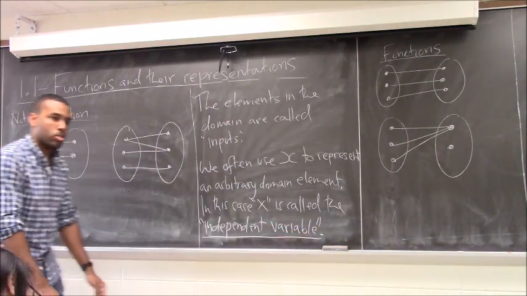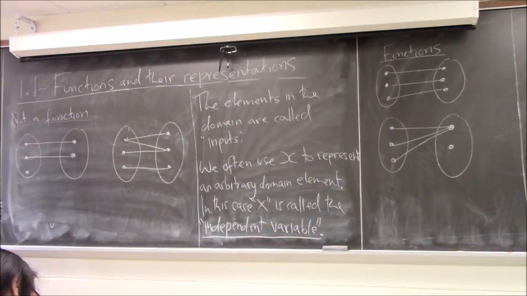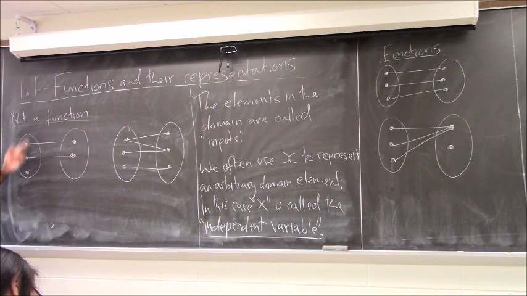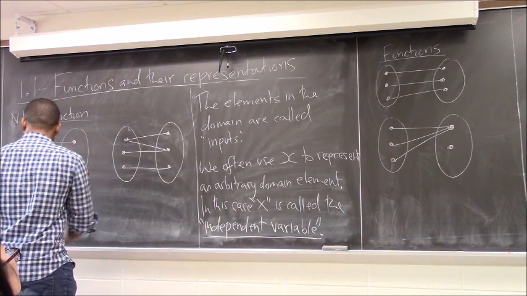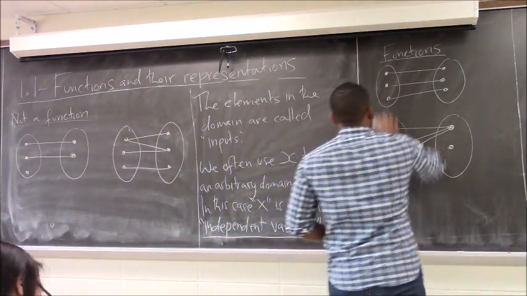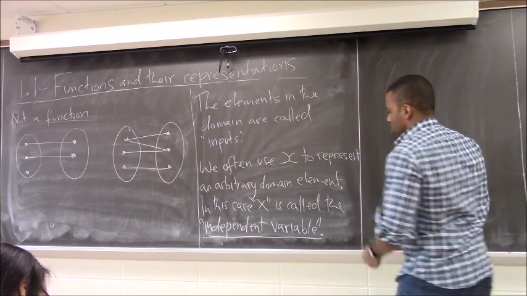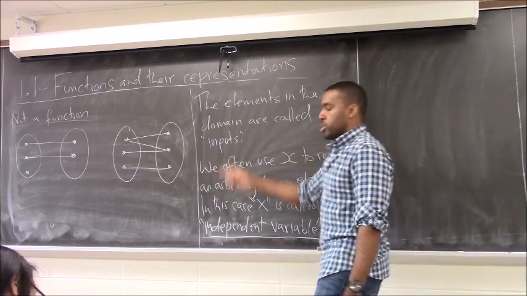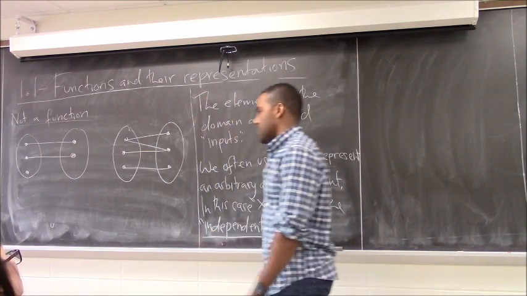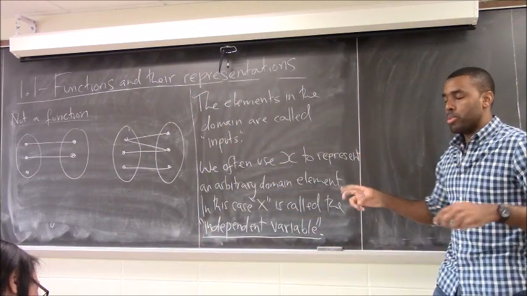I don't want you to be confused whenever I say, oh, the independent variable, I'm just talking about a representation for the guys in this group. Right? An independent variable can take on all the values in this group. So the domain is the set of possible inputs that you can have, and they are represented by, for example, the variable x.